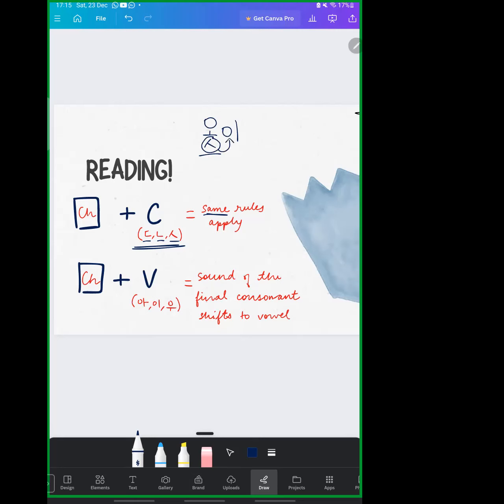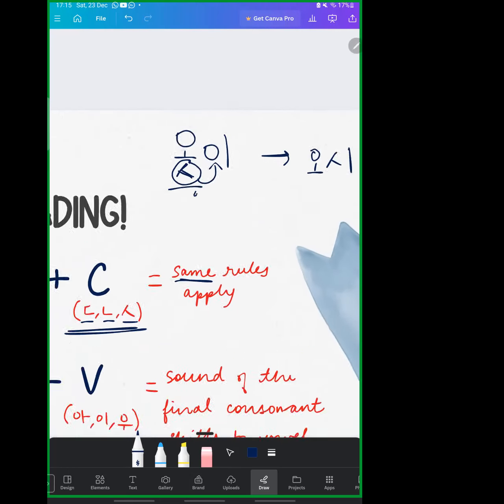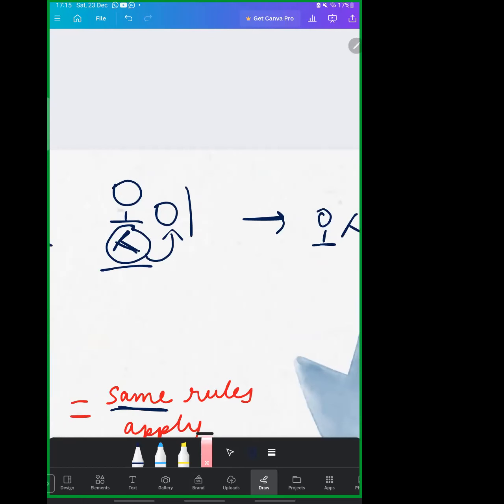It's not the pronunciation that we're reading, it's the actual sound of this letter. So how will this be pronounced? Tanishka, how would you pronounce it? Oshi. Oshi. Yes.